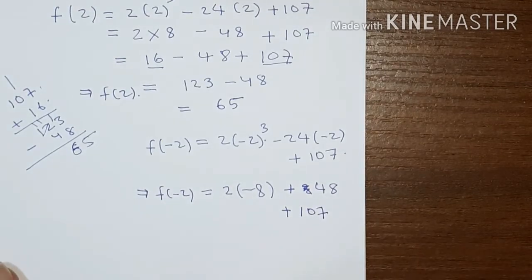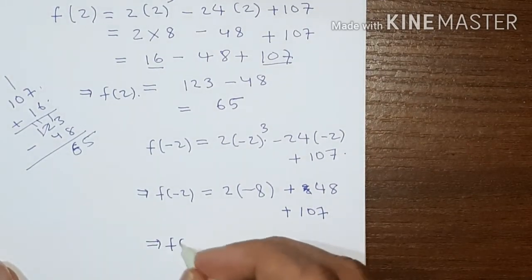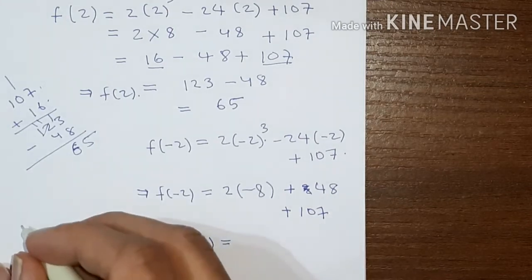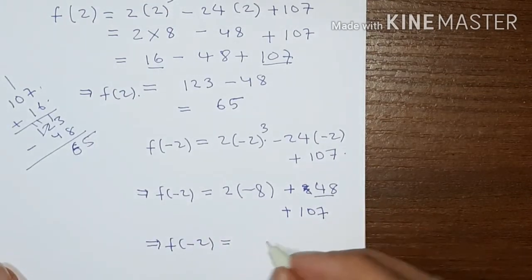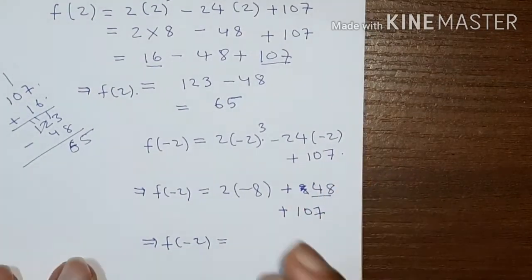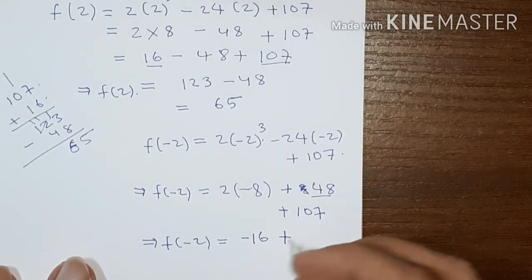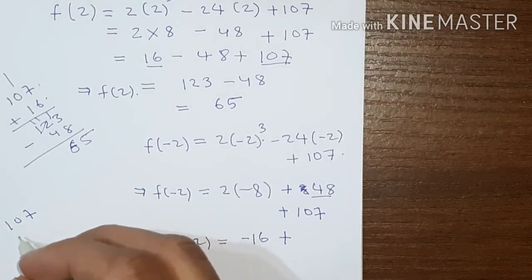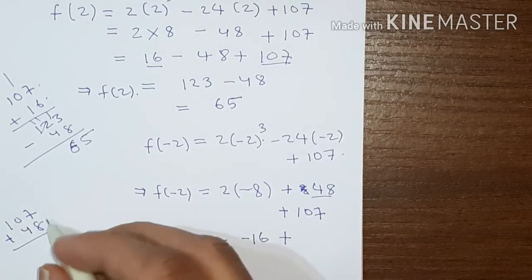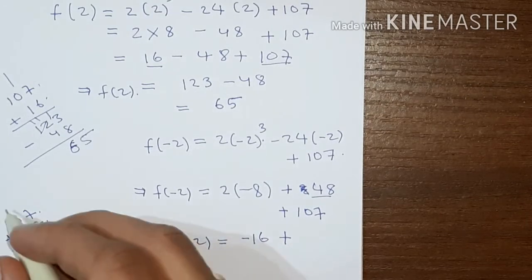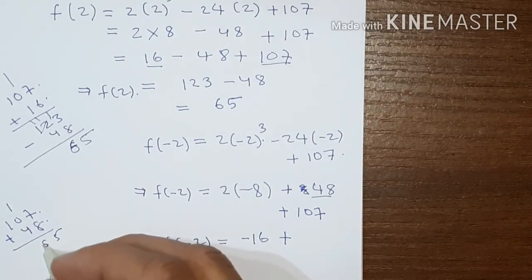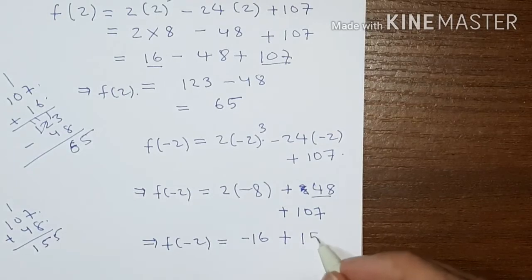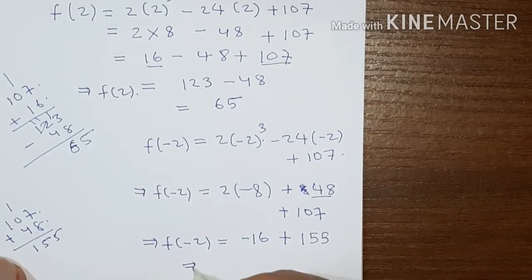So that is minus 16 plus 48 plus 107, which gives 139. And f of minus 2 is what?